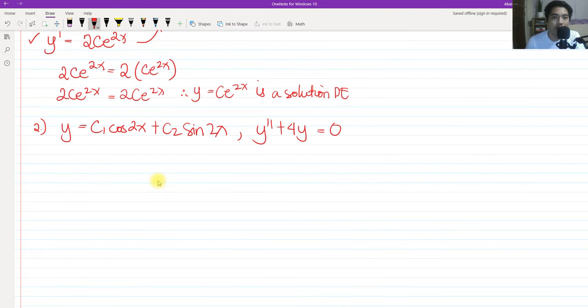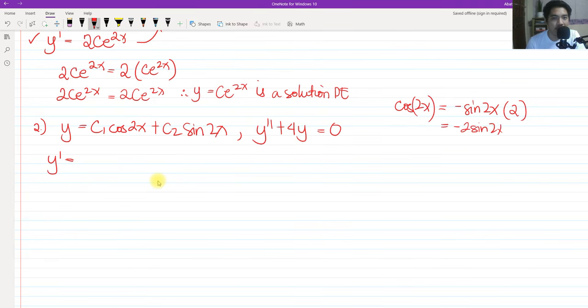So again, we have y double prime, so we have to get y prime first. Differentiate c sub 1 cosine 2x. If we differentiate cosine 2x, that is simply negative sine 2x, and we have to differentiate the inside function with respect to x, and that is 2. So basically, it's negative 2 sine 2x.